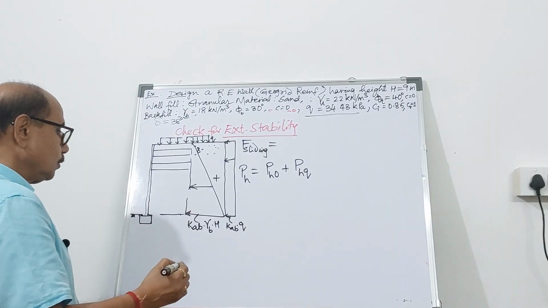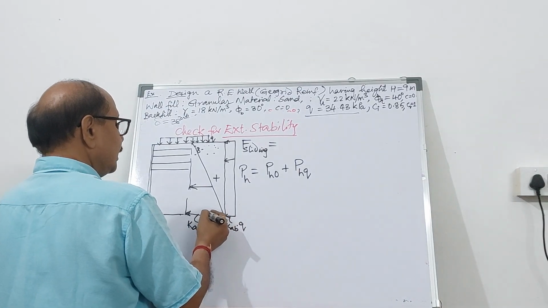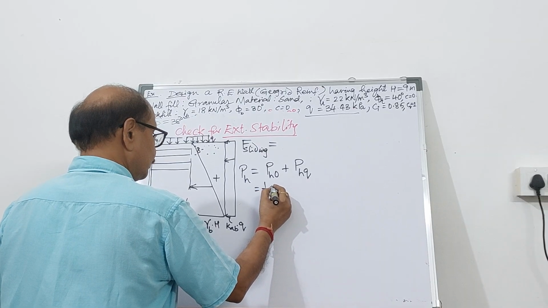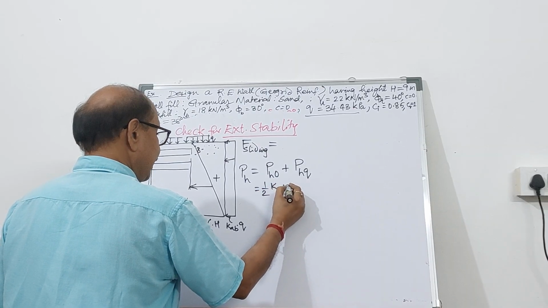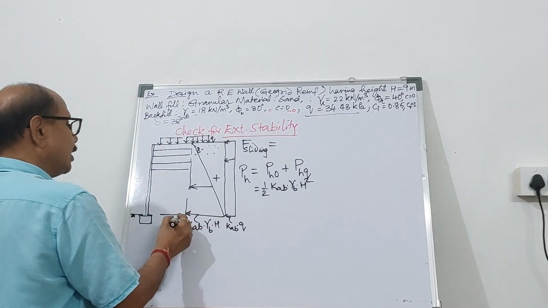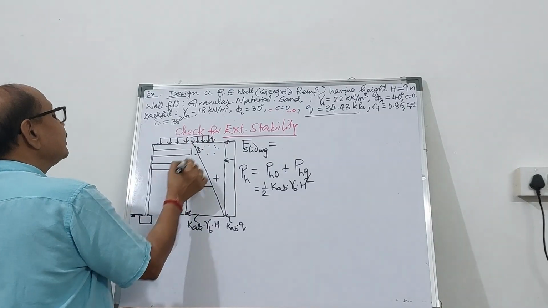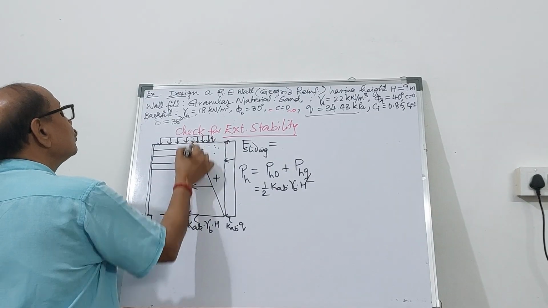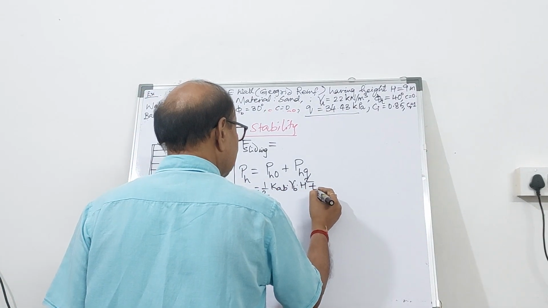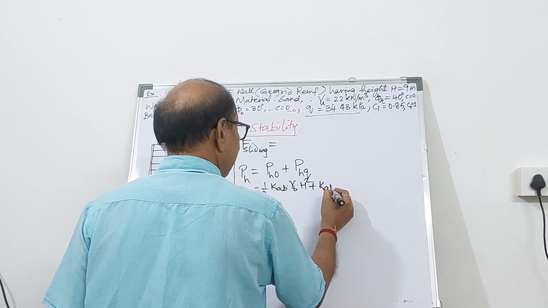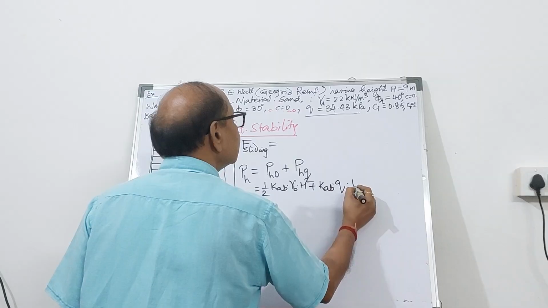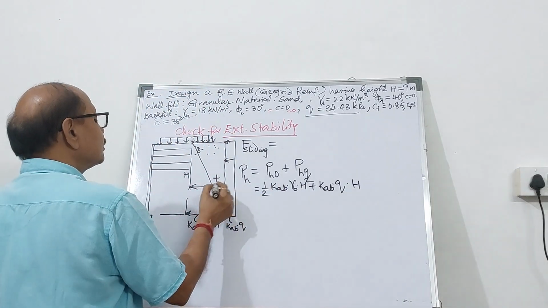So the pH due to overburden will be half KAB gamma B into H square, half base into height. Height is H. So this total height is H. And this will be plus KAB into Q into height. So there is another force.